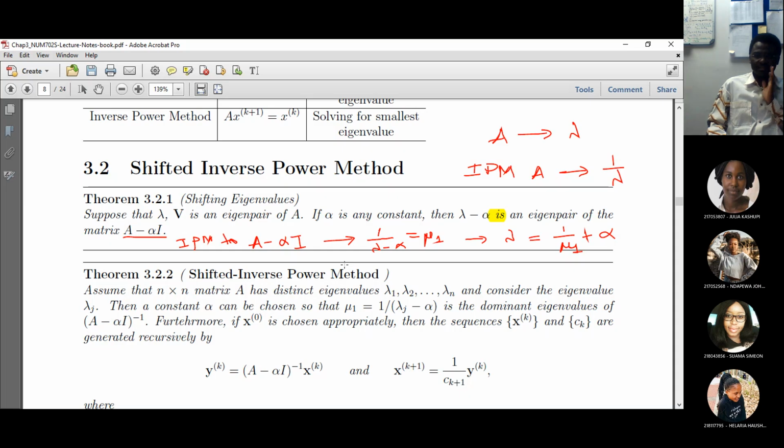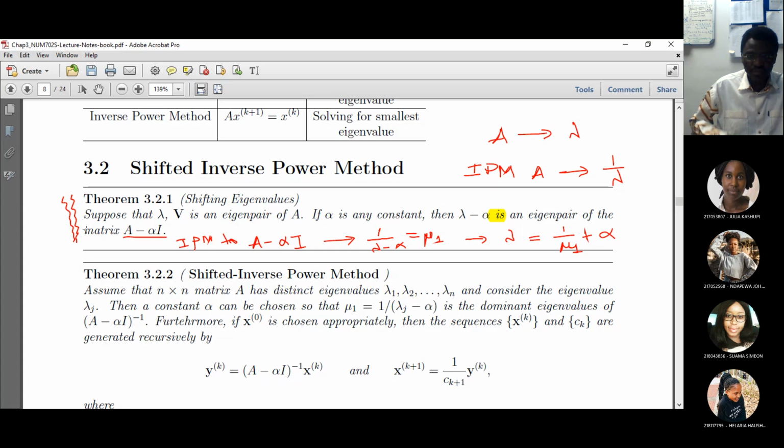Is that okay? Is that clear? It's good to understand this before we dive into the theorem. You need to know exactly why we are doing it, from this motivation, from this theorem of the shifting eigenvalue. Once you understand this, the theorem becomes simple. I want you to say something before I proceed.